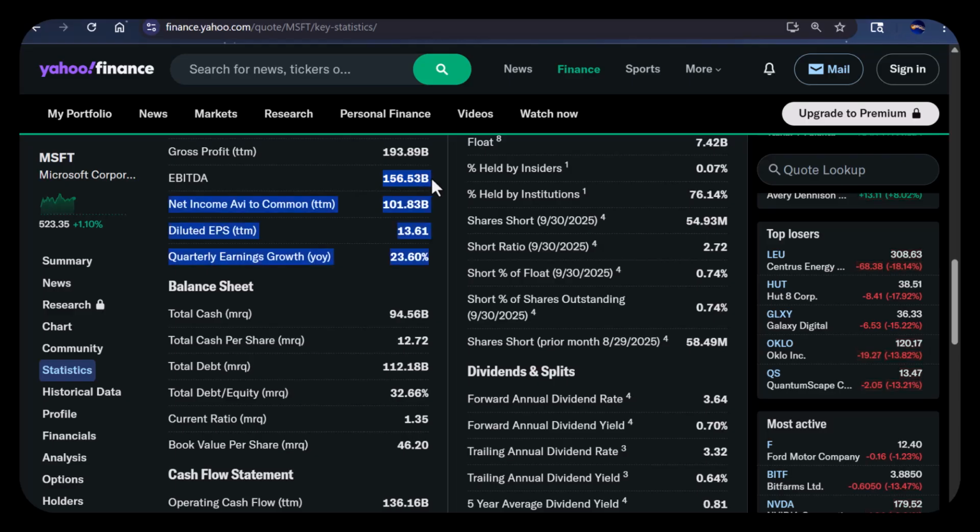For Microsoft it is $156 billion, okay? As opposed to their net income, $101 billion. So over $50 billion, this is per year, by the way. It comes from either interest expense, taxes, or non-cash expenses, at least depreciation and amortization. You're probably thinking, what sort of depreciation does a software company have?